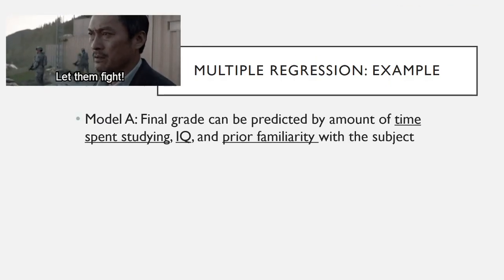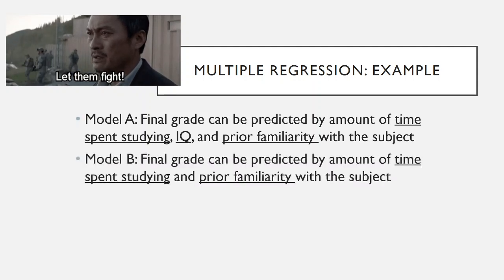So let's say if you're trying to increase the accuracy with which you can predict final grade, you know that time spent studying is a determining factor. You know that that has a lot to do with the final grade that someone has. But you might think to yourself that other variables might be relevant as well. Maybe baseline intelligence based on an IQ index, or maybe prior familiarity with the subject.